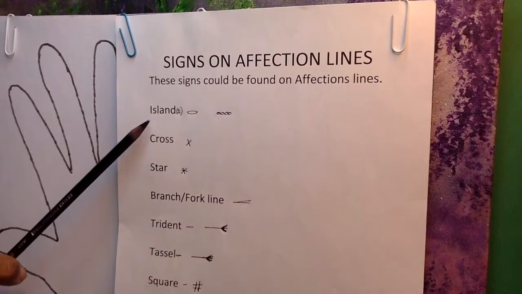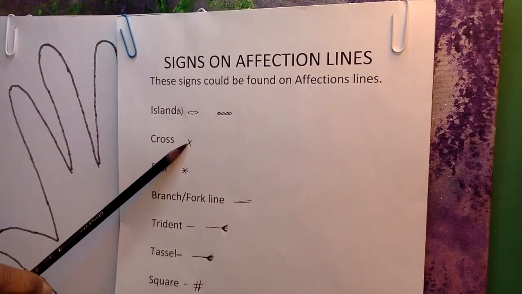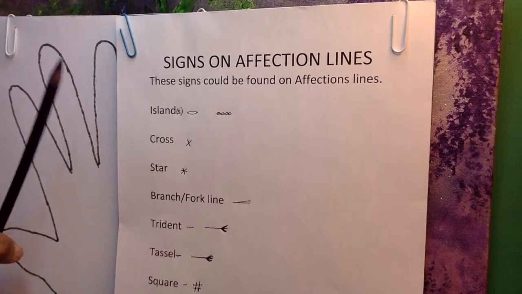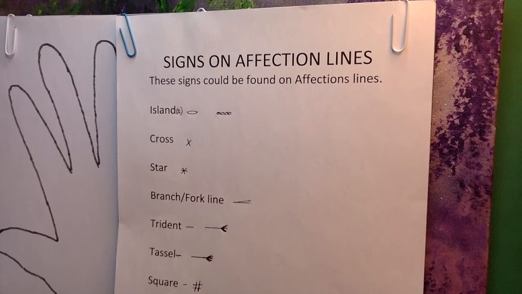All right, let's look at the next one. This is a cross. It's just an X, capitalized alphabet. Okay, they always cause problems wherever they are. There is one exception, and that is in the center of the palm between the head line and the heart line. You've been introduced to that.